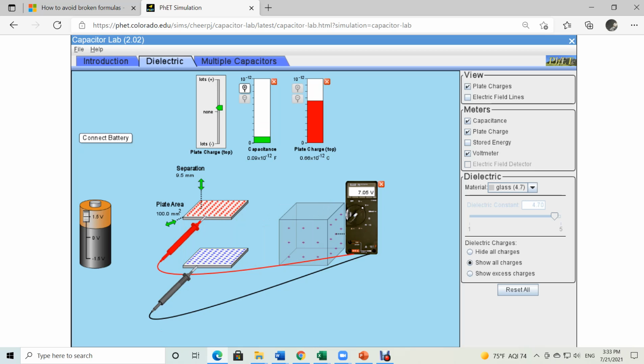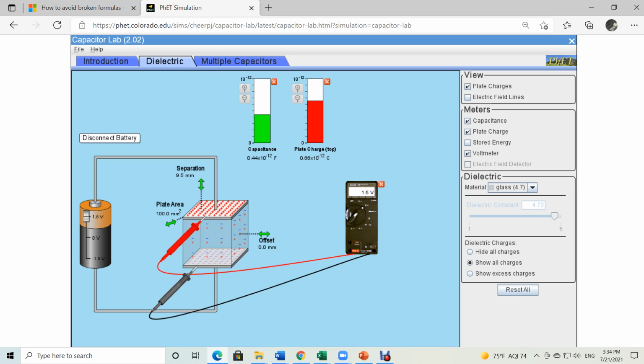Why is that? Well, it's simple, right? The battery, connect the battery. The battery is ensuring that the potential difference remains 1.5 volts no matter what. The difference of potential between the plates remains the same no matter what. And because of that, it will affect the amount of charges in the plates.